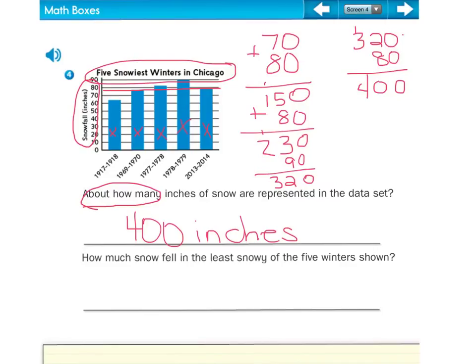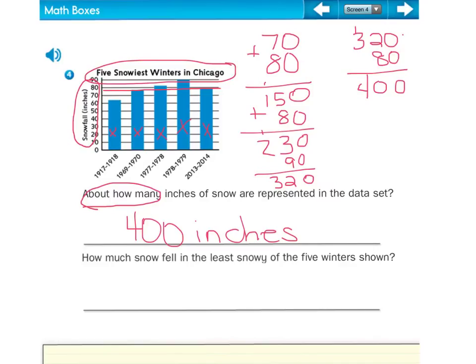The next part of this question says, how much snow fell in the least snowiest of the 5 winters shown? I'm going to switch colors just to make it a little bit easier to distinguish between these two problems. So I'm going to switch to blue here. How much snow fell in the least snowiest of the 5 winters shown? So first we need to find which one had the least amount.